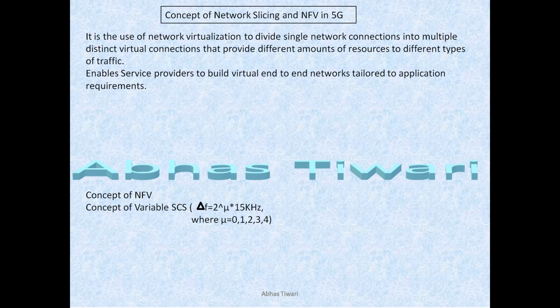At the same time, the concept of distributed cloud also comes into working. All this equipment is made like software. So the division is logical and the implementation is software, and that is where NFV comes into the picture. NFV enables network slicing and allows multiple virtual networks to be created atop a physical shared infrastructure.